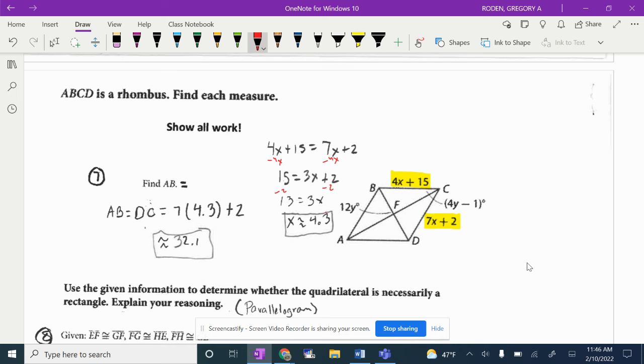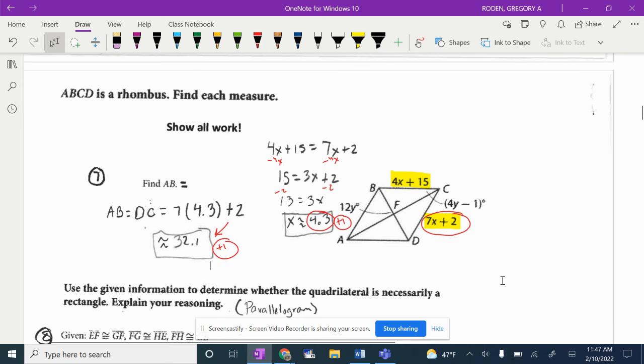I divided both sides by 3 and got approximately 4.3. Now, I want to go ahead and put that into, I think I used this one right here. And so I said 7 times 4.3 plus 2. And I said you guys could use a calculator on this, it is approximately 32.1. So there's a point for x and a point for the measure, for 2 points.